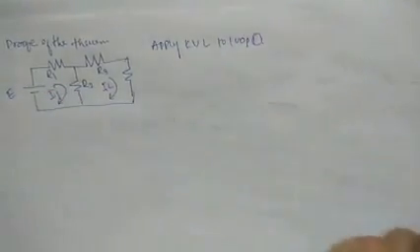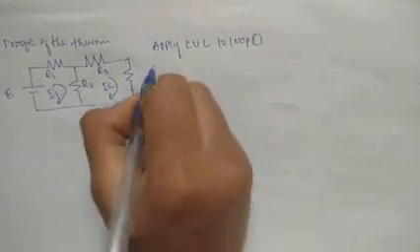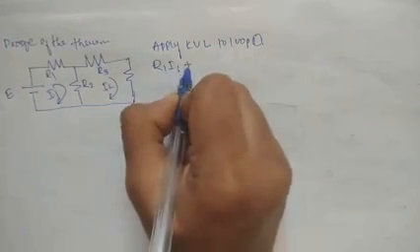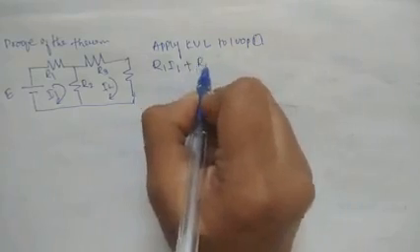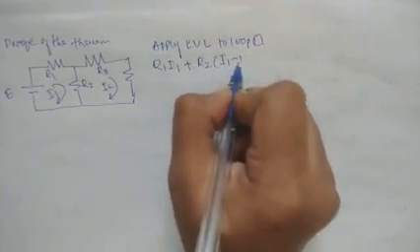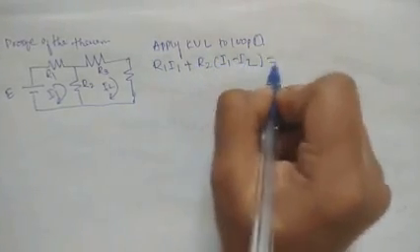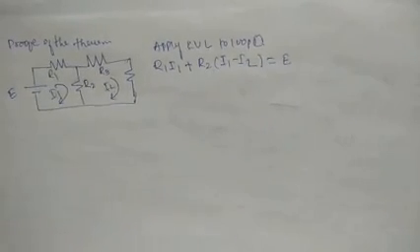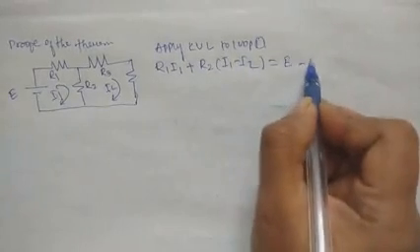This one is your current I1. This one is current IL. E is the EMF. First, R1 I1 plus R2 into (I1 minus IL) equals E. Yes, this is your equation.